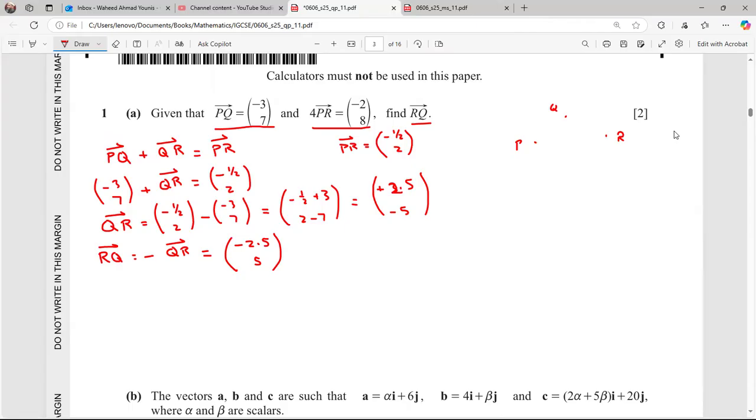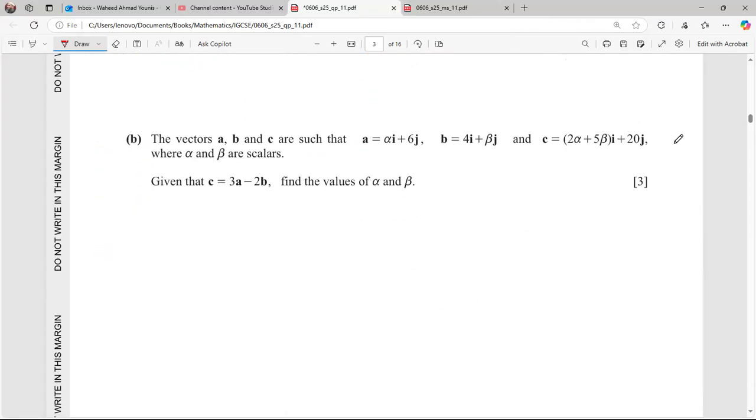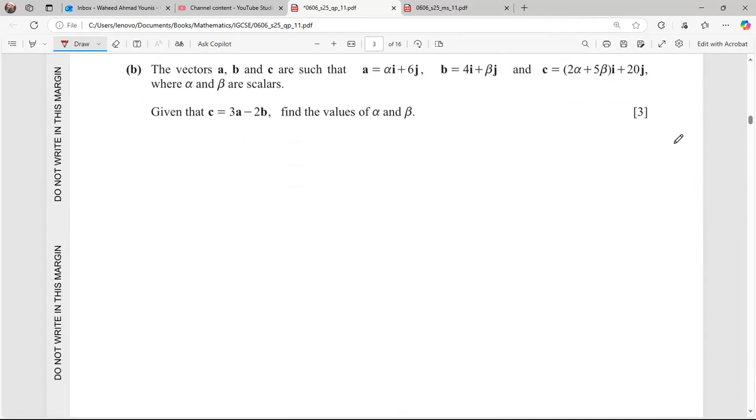Now I will move to question part B. The vectors A, B, C are given such that this. We are told that vector C is equal to 3 times A minus 2 times B. So what is 3 times A?